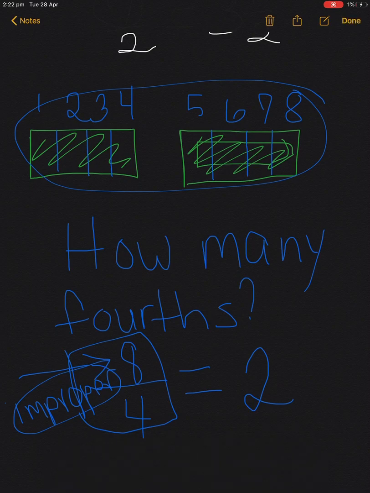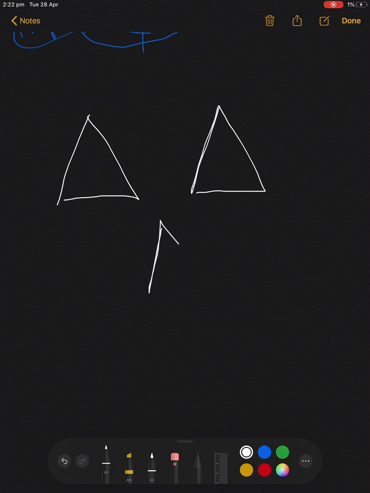All right, let's do one more example. Let's say I have 3 triangles. This would be 3 wholes, correct? Well, I'm going to divide these 3 triangles into 2 equal parts.